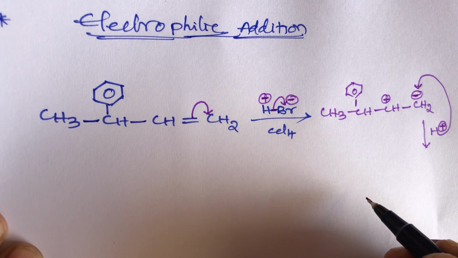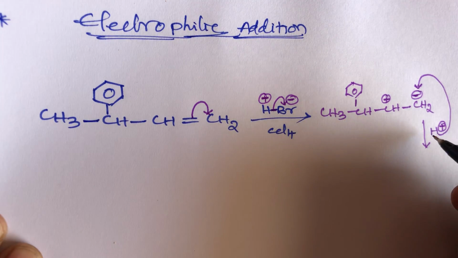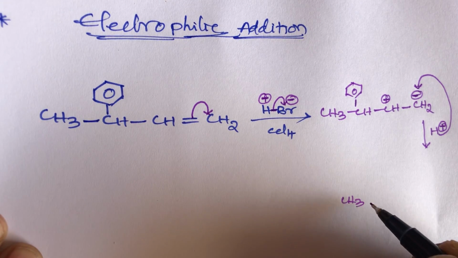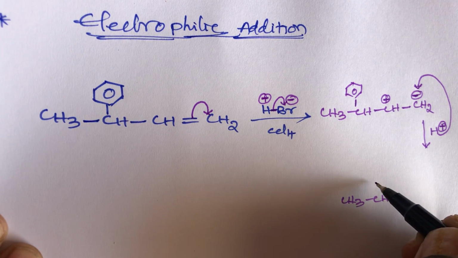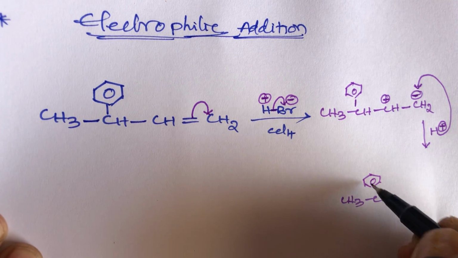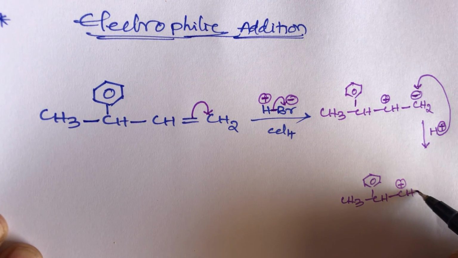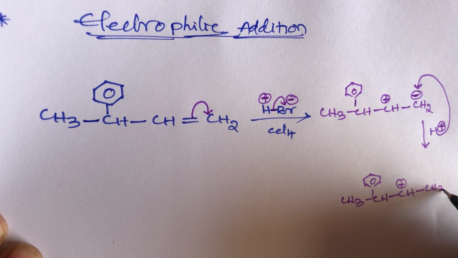So what intermediate product is formed? CH3 CH, then phenyl, then CH plus, and CH2 minus is converted to CH3.